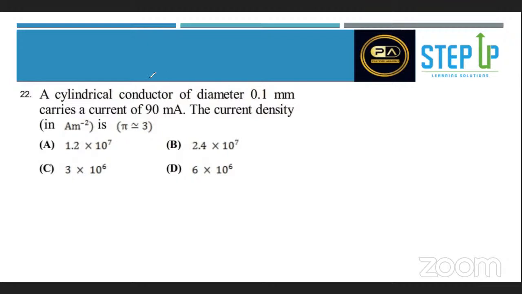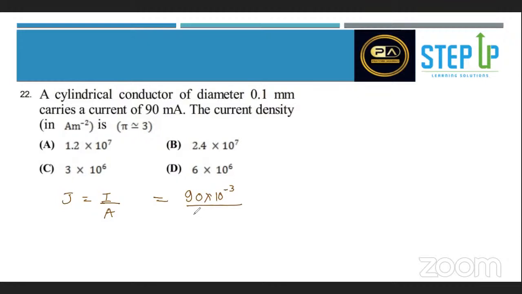Now, what I know is the current density formula, as I said: J is equal to I upon A, the cross-sectional area. The current is 90 milliampere, that is 10 raised to minus 3. The area: it's a cylindrical conductor, so the cross-sectional area is pi r squared.